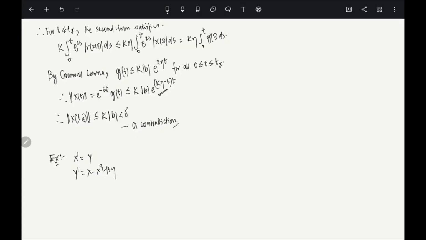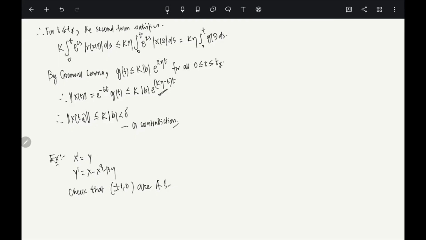So what we need to do is check that plus minus 1, 0 are asymptotically stable, that is, the system is asymptotically stable near these points.